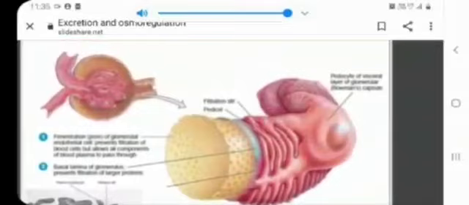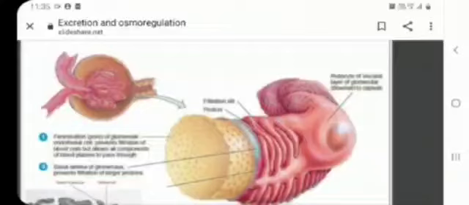As you can see, there are pores of glomerular endothelial cells which prevent the filtration of blood cells but allow the components of blood plasma to pass through it. Then it has the basal lamina of glomerulus. It prevents the filtration of larger proteins.